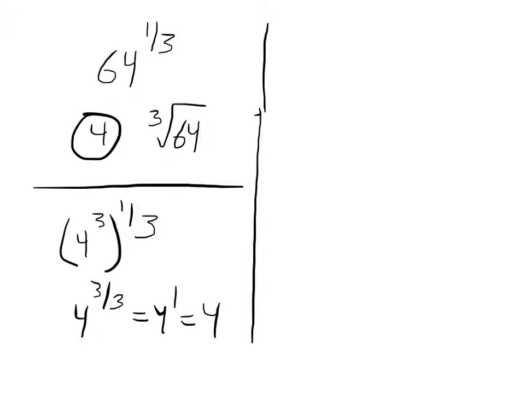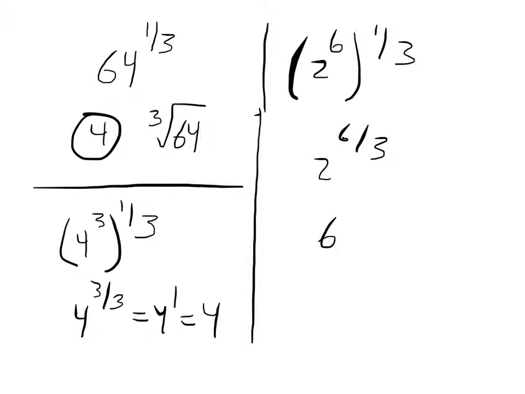If I looked at that 64 as a base of 2, 2 to the 6th is 64, raised to the 1/3. Use my laws of exponents. That would be 2 to the 6/3. That would be 2 squared. And you get 4. So again, with some of these problems, there's not just one way to look at them. You can get there in a number of ways.